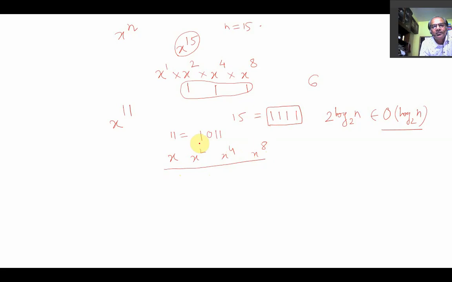But scan through this from the left side, this will be multiplied as it is 1, this will not be multiplied.